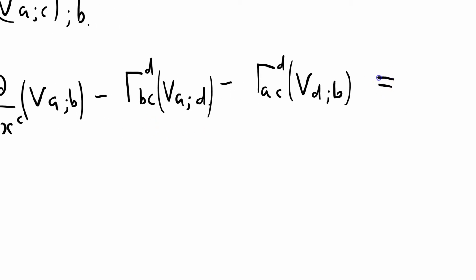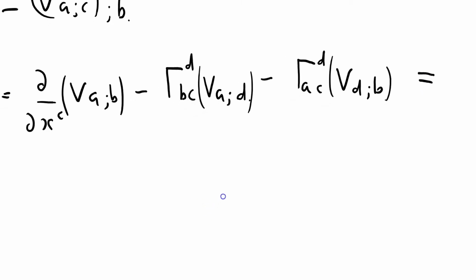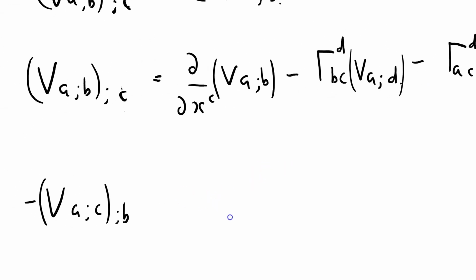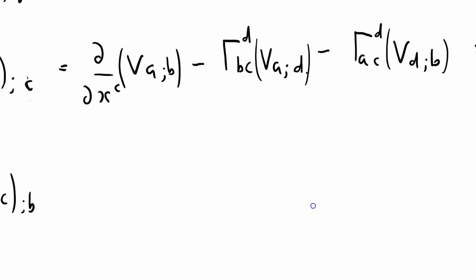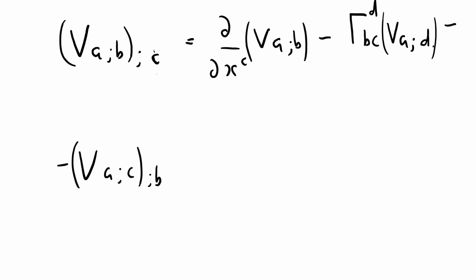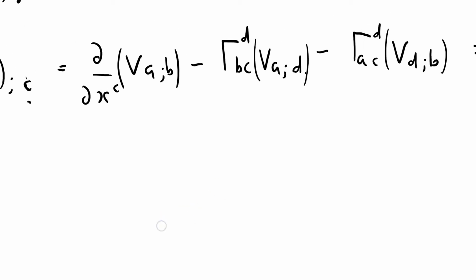Equals. What I'm going to try and do is do it all on one line. Do I want to do it on one line? No, I'm going to abandon trying to do it on one line. It's just too difficult. What I'm going to do is cycle B and C over when I finish. So that equals ∂/∂x^C of, and then I'll just expand this term here.